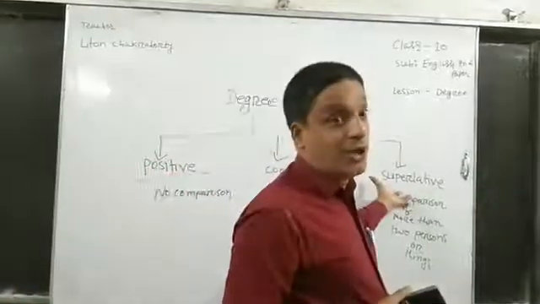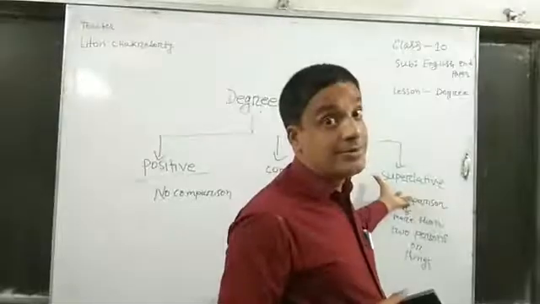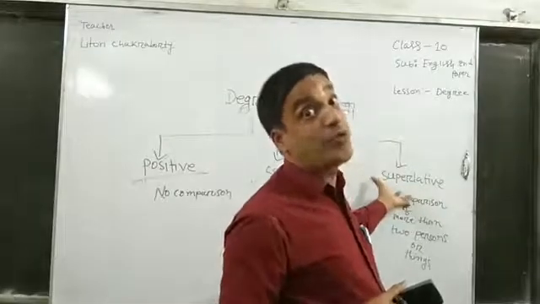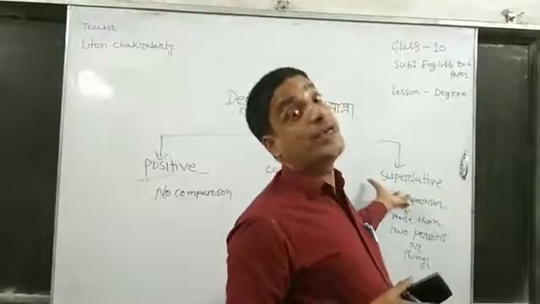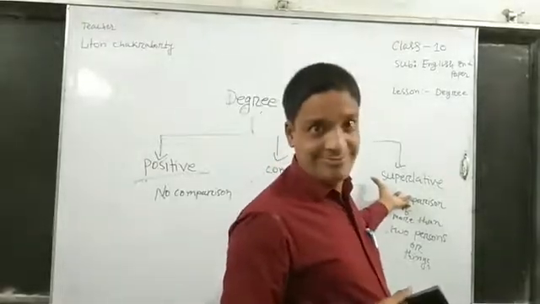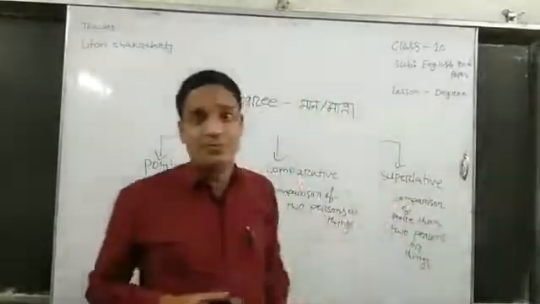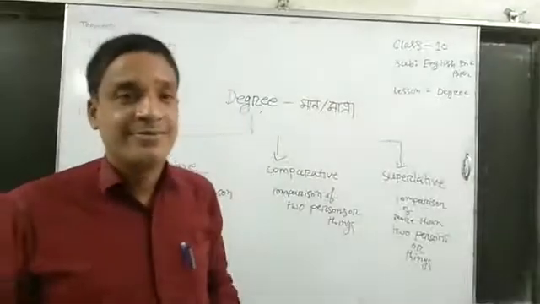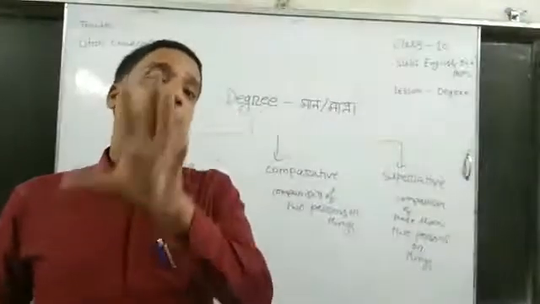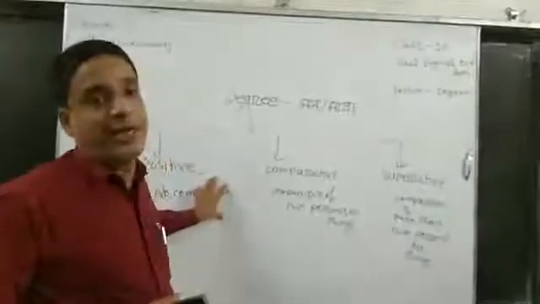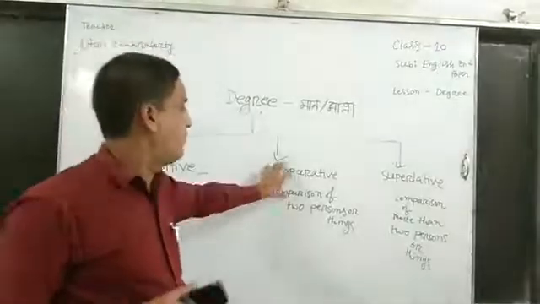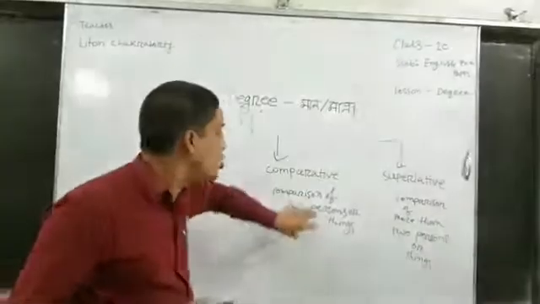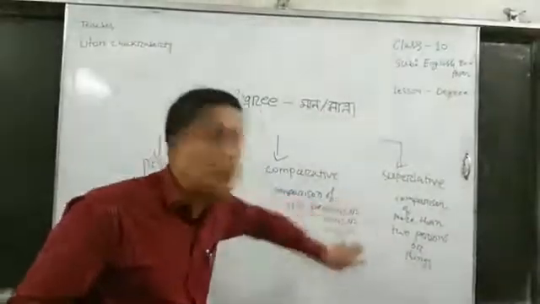Superlative will be more than 2. English is one of the richest languages in the world. More than 2, you will remember the point. Positive, no comparison. Comparative, comparison of 2 persons or things.